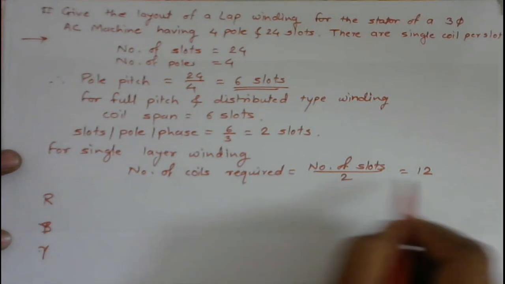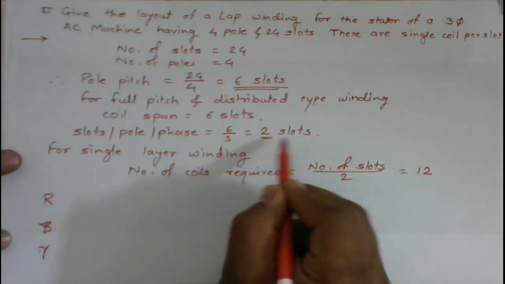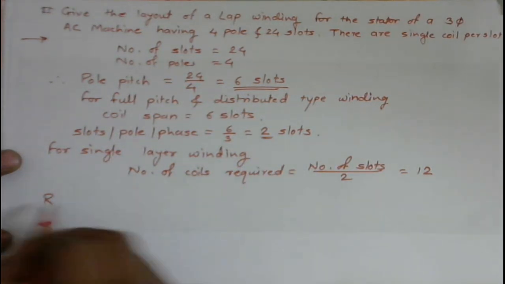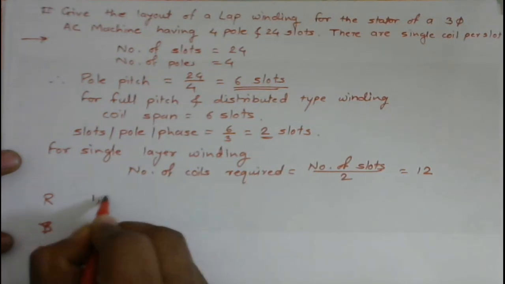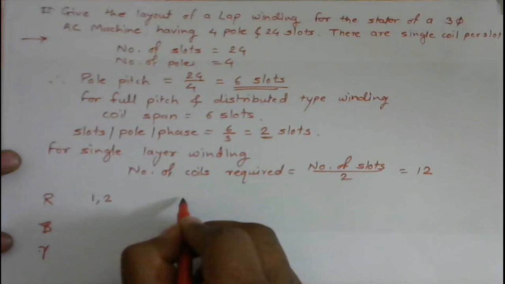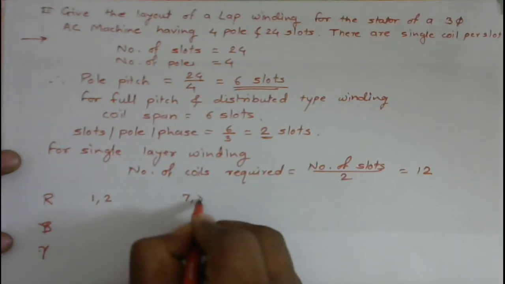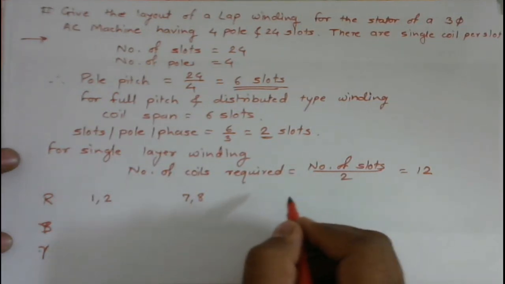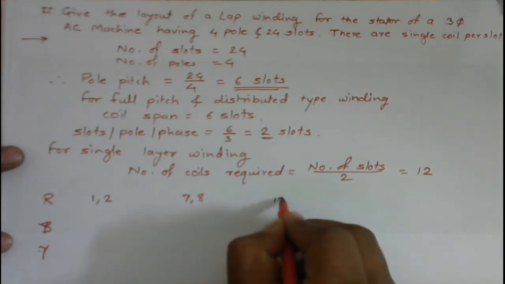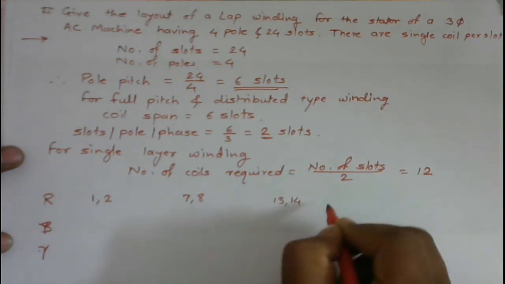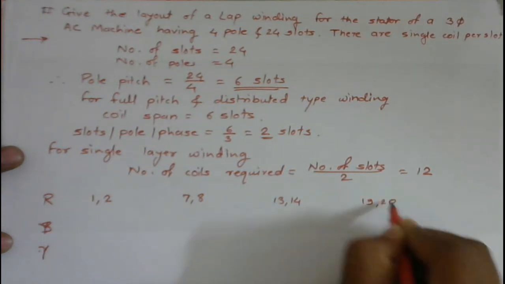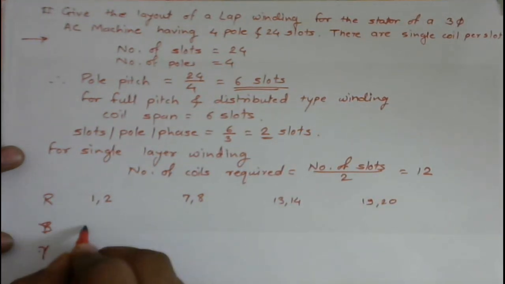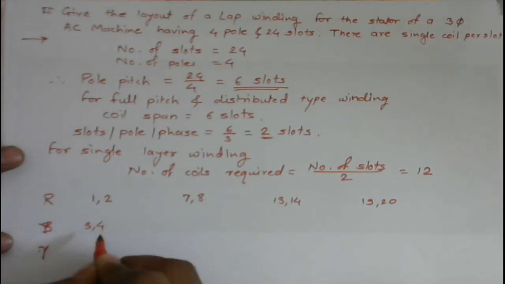As 2 slots per pole per phase are there, so for R phase under the north pole it will be from first and second slot to 7th and 8th, and the remaining 2 coils it will be from 13th and 14th to 19th and 20th.